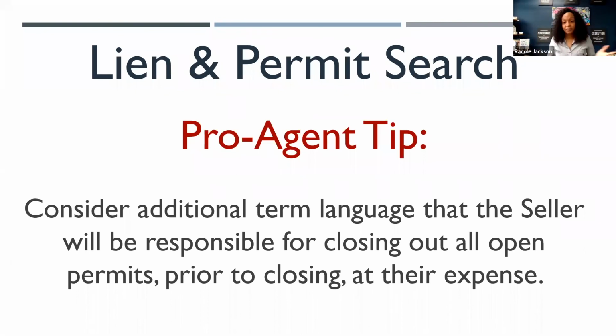It's contracts. All right. So again, wrapping up the slide that we have on the screen. If you represent the buyer, you want to consider adding language to the additional terms section that the seller will be responsible for closing out all open permits prior to closing at their expense.